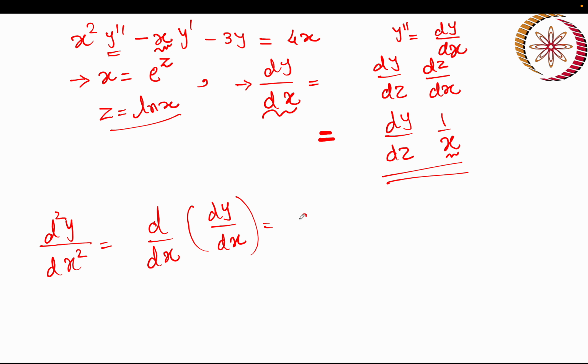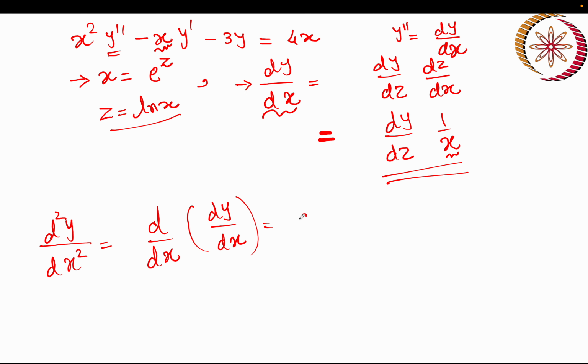So instead of x, we will write e raised to z. Okay, so x will get cancelled, and we'll get d square y by dz square minus dy by dz minus dy by dz minus 3y equal to 4 e raised to z, and these 2 will add up.